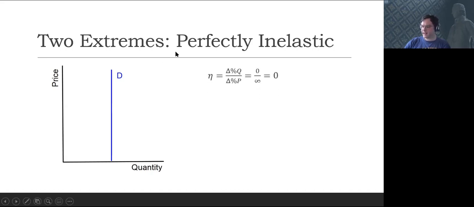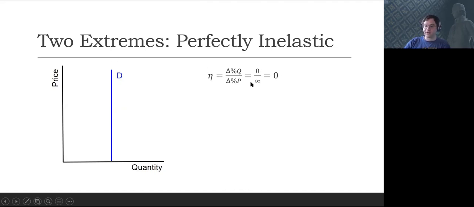Elasticity, again represented by eta, is the percent change in quantity over the percent change in price. The percent change in quantity is zero. Quantity does not change regardless of the price. Percent change in price can be infinity. It can go as high as it wants, essentially.